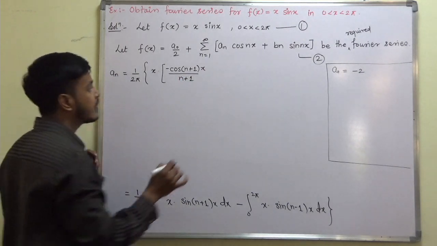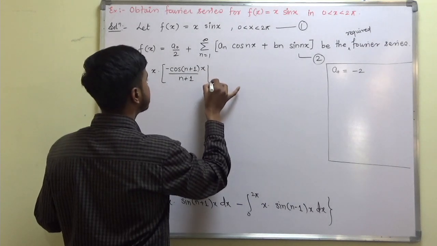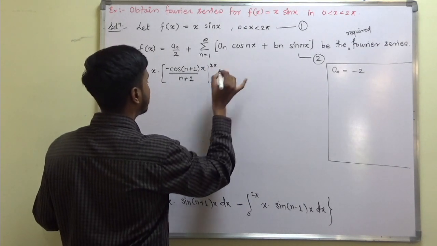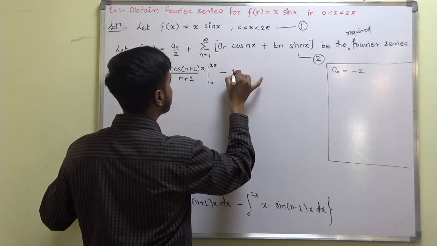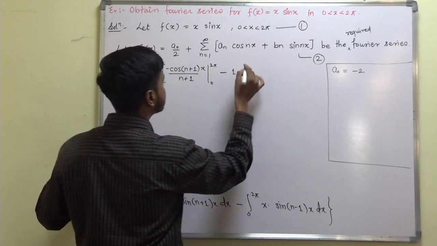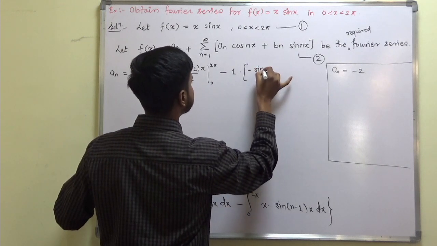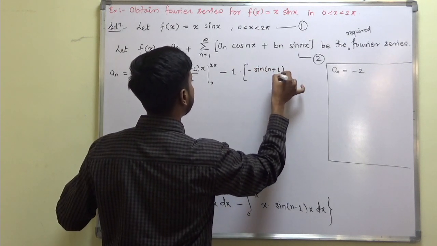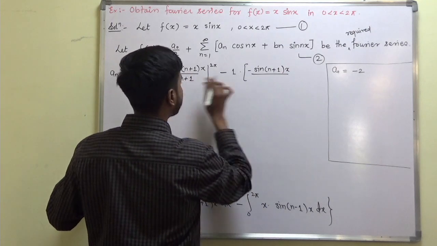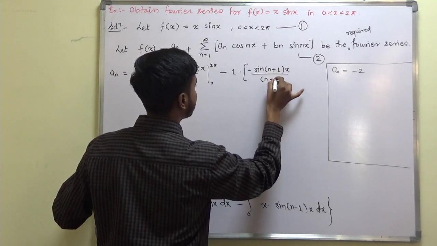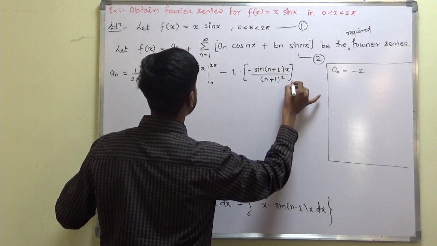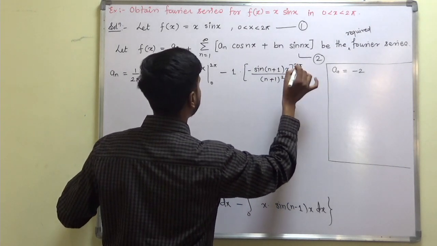Now this is integration 0 to 2 pi, minus derivative of this is 1, integration of this, so minus integration of cos is sine (n plus 1)x upon n plus 1 and n plus 1, so this is (n plus 1) whole square, limits 0 to 2 pi.